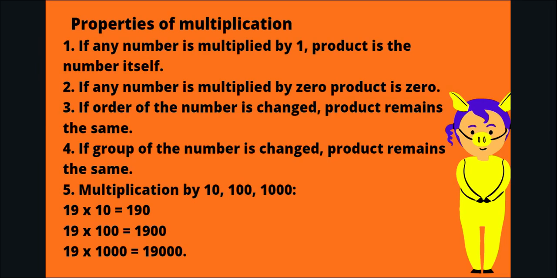Third property. If order of the numbers is changed, product remains the same. For example, 35 into 94 is equal to 94 into 35. Fourth property. If group of the numbers is changed, then also product remains the same.